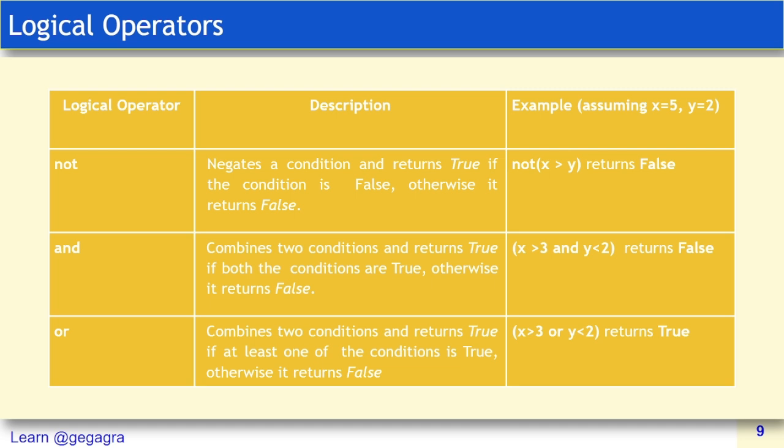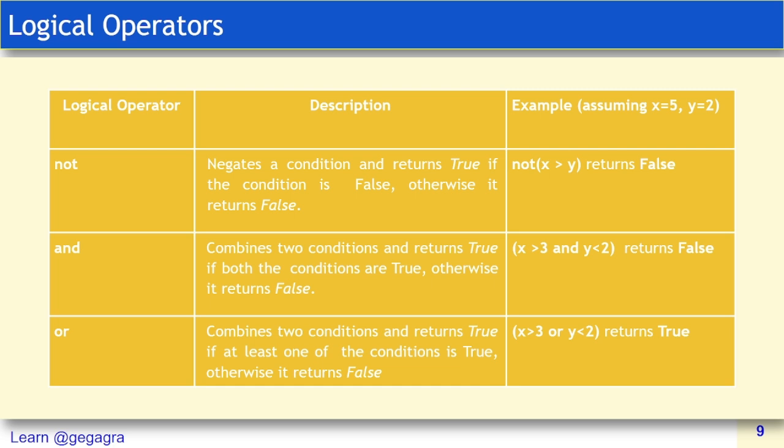Because when the condition is false, the negation of false is true, and if the condition is true, the negation of true is false. So not x greater than y: if x is 5 and y is 2, then x greater than y means 5 is greater than 2. Yes, this is true. So when you say not of x greater than y, it will return false.